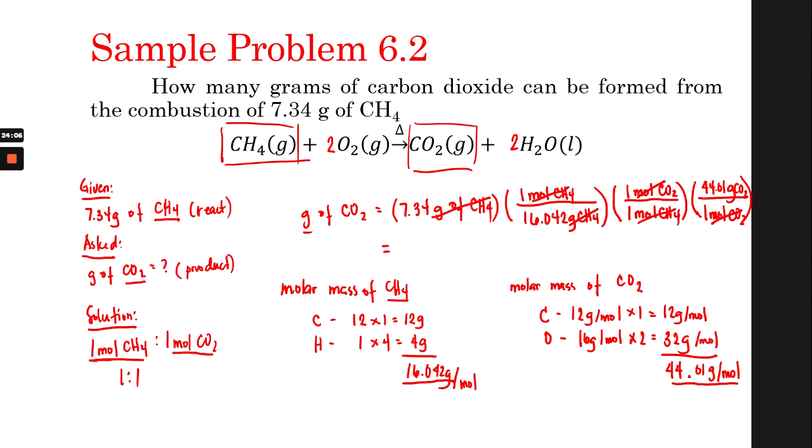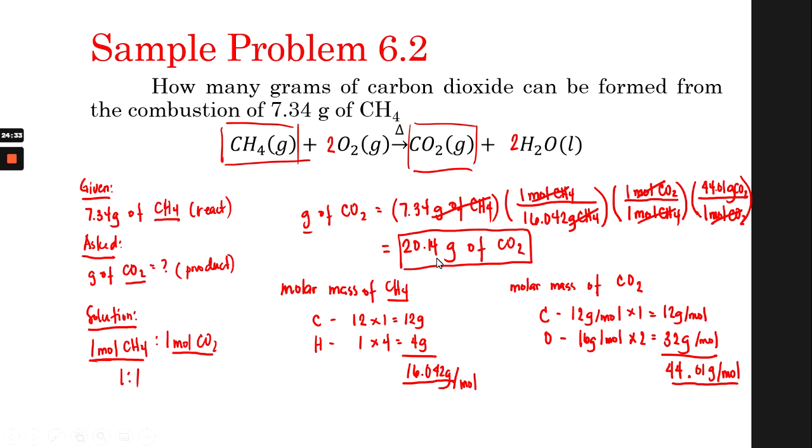That is equal to about 20.14 grams of CO2. Which means if we begin with 7.34 grams of CH4 as our reactant, our theoretical product is 20.14 grams of CO2.